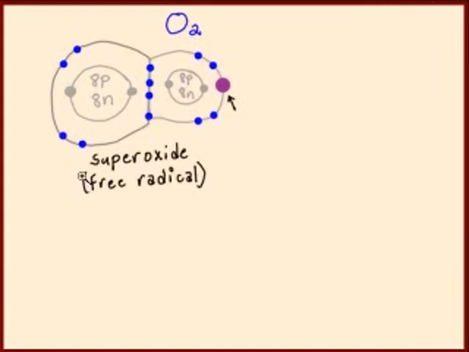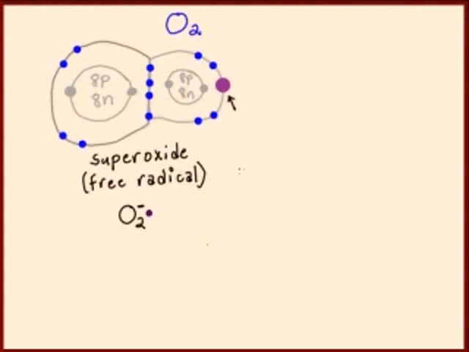It's still O2, but it has a negative charge, and that negative charge is because it has this extra electron, or this odd numbered electron. And so this is superoxide. And as we've said before, superoxide is very destructive. And so let's explore what it does.